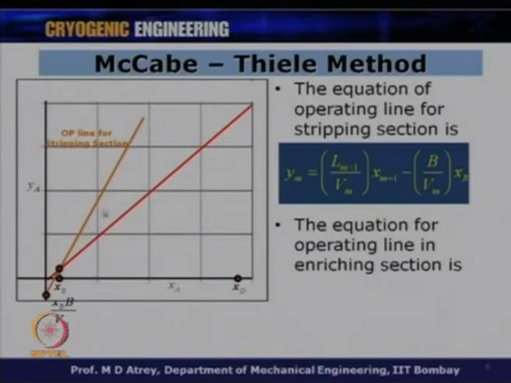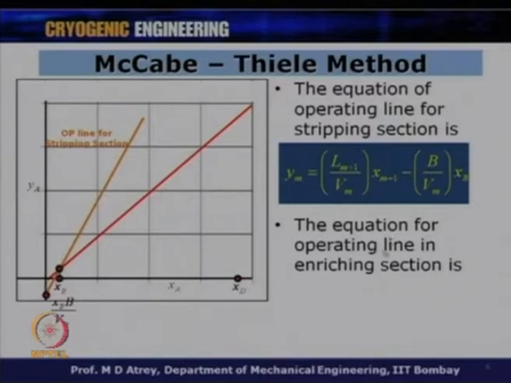We remember that this operating line intersects the y is equal to x line at x is equal to xb, because at this point, this is the bottommost plate, and therefore, when xm plus 1 becomes xb, this equation reduces to y is equal to x. We had derived earlier that if xm plus 1 is replaced by xb, it reduces to y is equal to x, and this therefore happens to be the point of intersection of the operating line for the stripping section and the y is equal to x line.